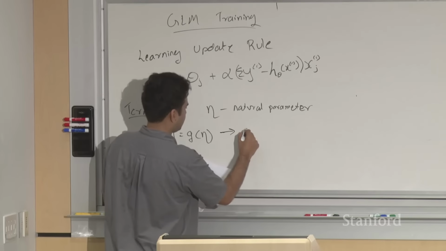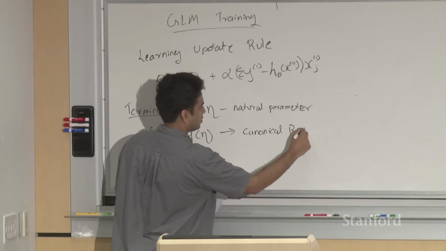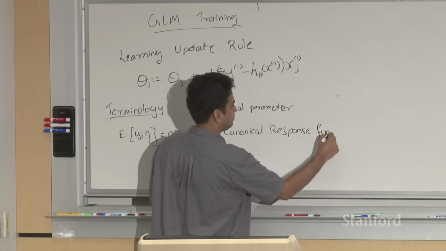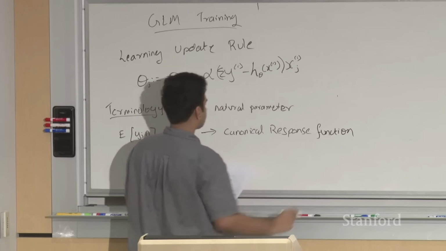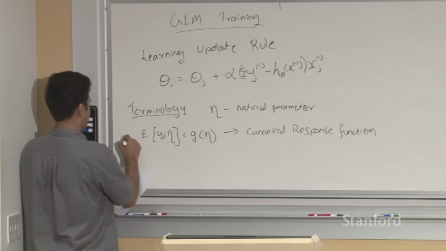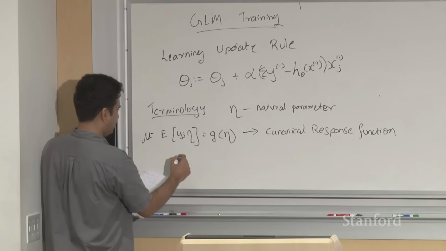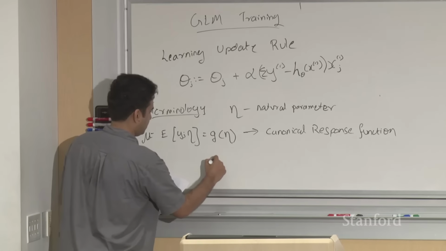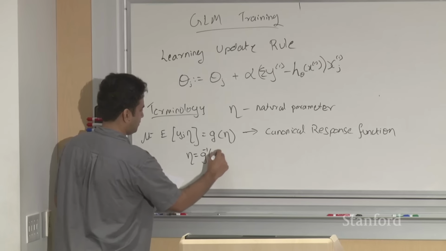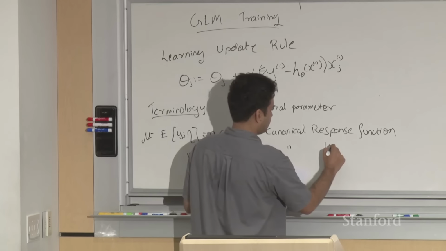It's called the canonical response function. And similarly, let's call the mean of the distribution mu. You can go from mu back to eta with the inverse of this, and this is called the canonical link function.